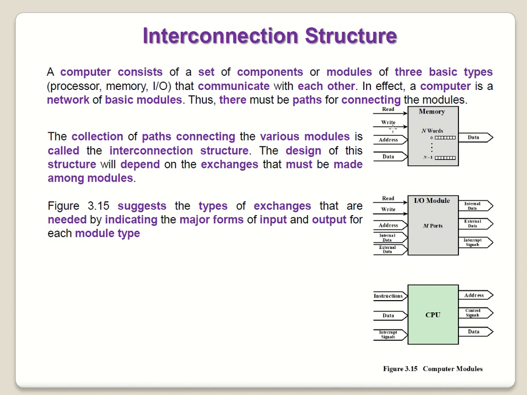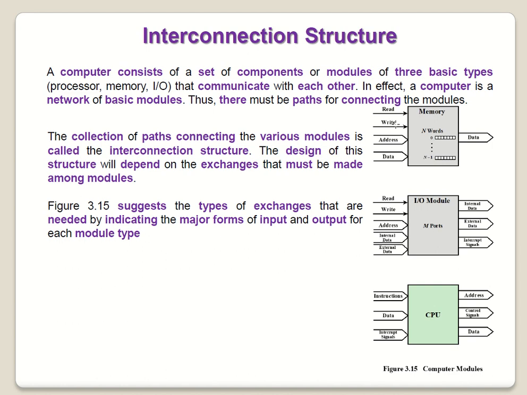The write signal will be on, read signal will be off. That means read signal will be 0, write signal will be 1. 1 means that is the action going to be done. Write signal 1 means the write operation is going to be done. Read signal 1 means read operation is going to be done.